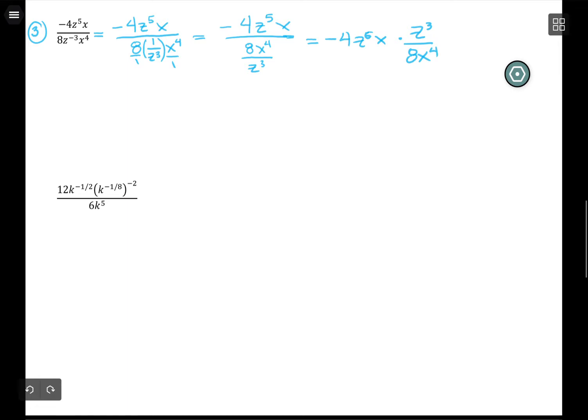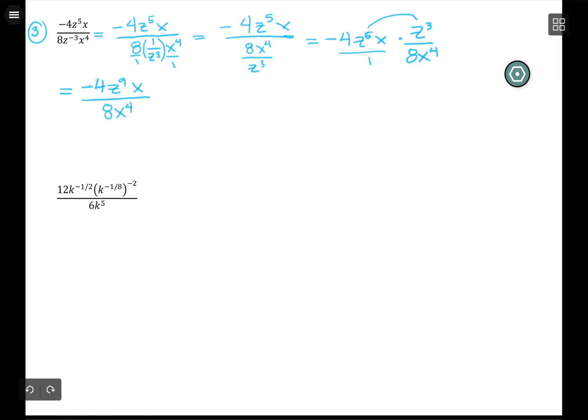And then we're going to multiply those together. So I have negative 4 z to the 6th times z cubed, which is going to give me 9 z's total. I have 6 factors of z and then 3 more, so 9 factors of z. So we're counting factors. And then on the bottom I have 8x to the 4th.